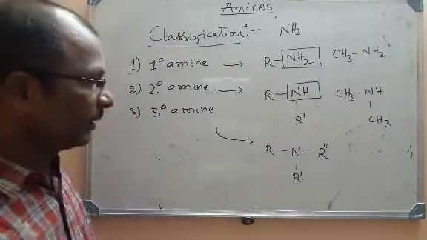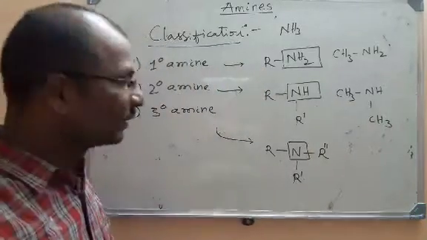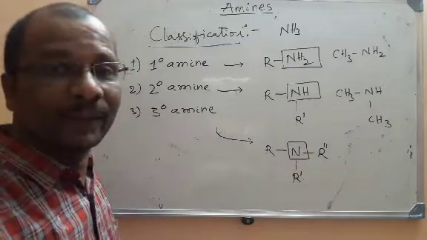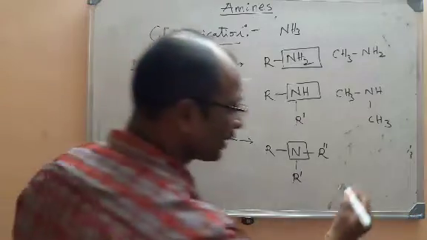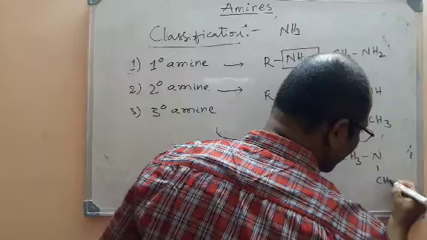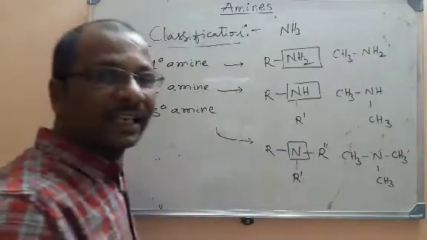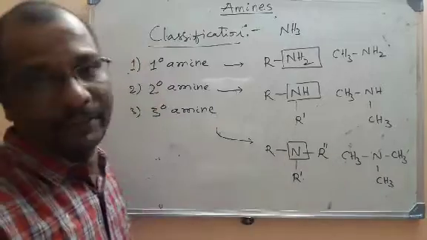It's a tertiary amine. What is the functional group here? Nitrogen is the functional group, which is bonded to three different alkyl groups or aryl groups. I will write one example here: CH3, N and CH3 and CH3. Here you can see it is a tertiary methyl amine.